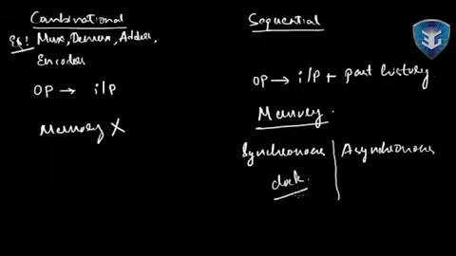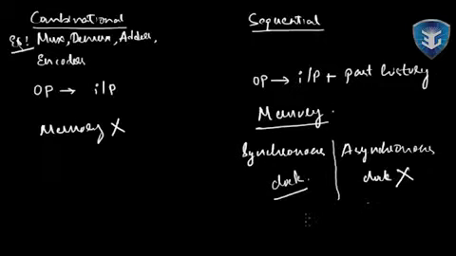Even though there is a change in the input, if there is no clock given, then the output doesn't change. So a clock is a must in case of synchronous sequential circuits. In case of asynchronous sequential circuits, the output changes its state as soon as there is a change in the input. So there is no need of clock in case of asynchronous sequential circuits.